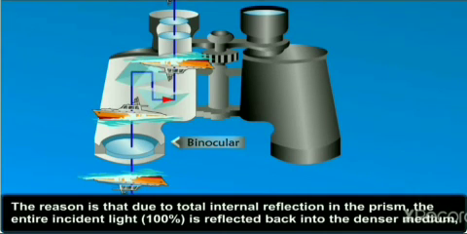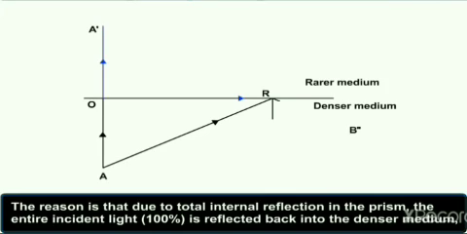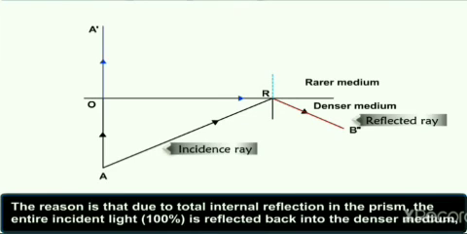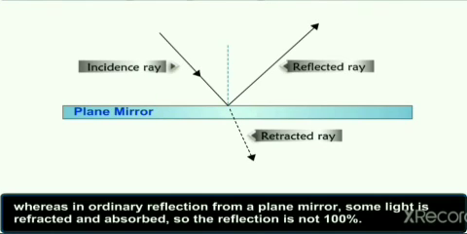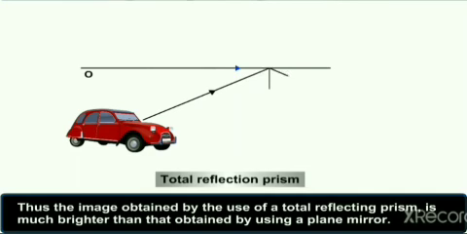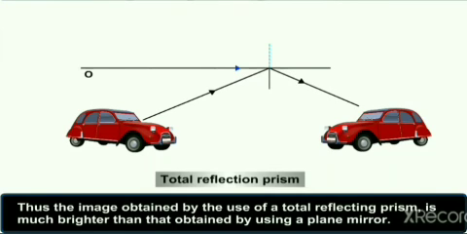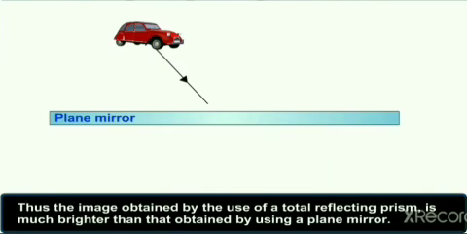The reason is that due to total internal reflection in the prism, the entire incident light, 100%, is reflected back into the denser medium, whereas in ordinary reflection from a plane mirror, some light is refracted and absorbed, so the reflection is not 100%. Thus, the image obtained by the use of a total reflecting prism is much brighter than that obtained by using a plane mirror.